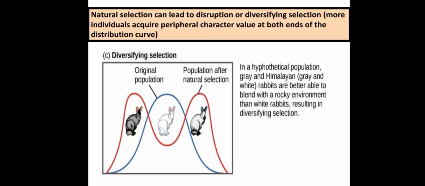For example, in a hypothetical population, grey and Himalayan rabbits, that means a mixture of grey and white, these two colors are better able to blend with a rocky environment than white rabbits, resulting in diversifying selection. That is, the two colors, grey color and Himalayan color rabbits, increase in number more than the white color population.